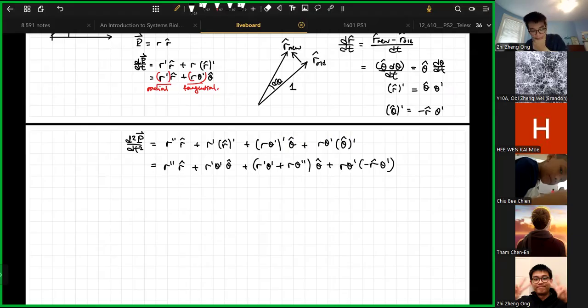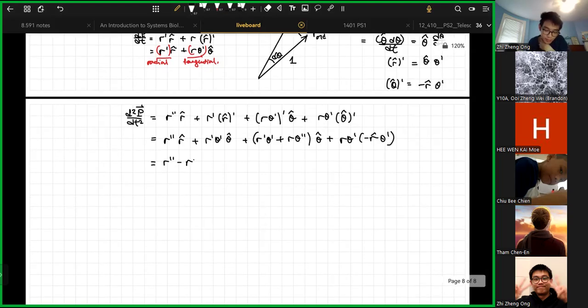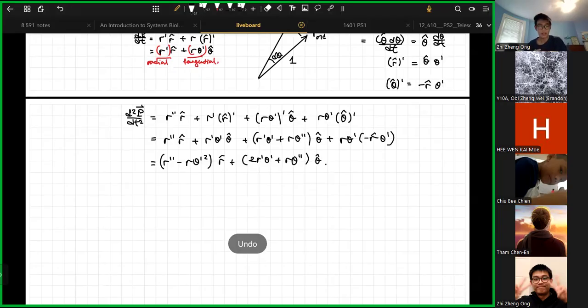And then lastly, I can collect terms. There we go. So that's acceleration in polar coordinates.